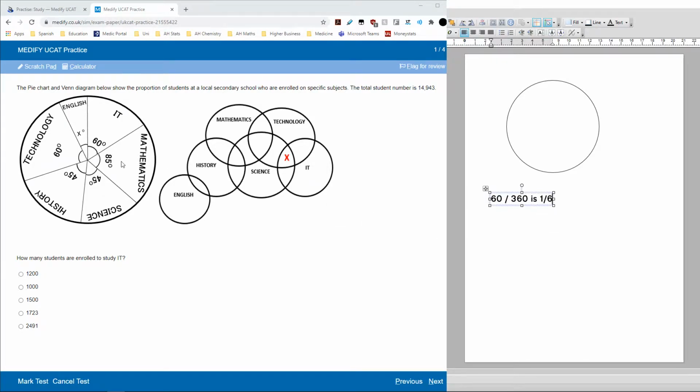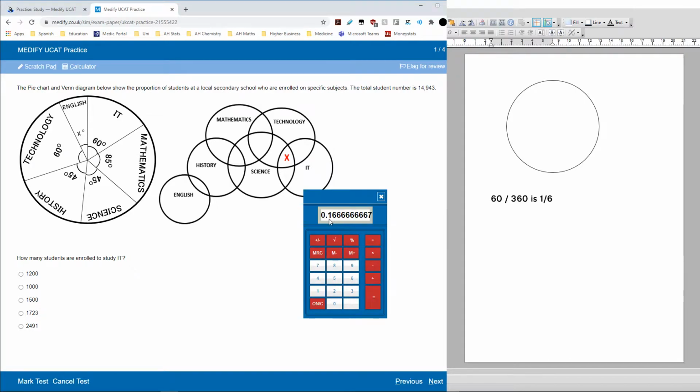Now we know that a circle just represents 14,943 students. So we times this number, which is a sixth, as we just did, by the total student number, 14,943. That would give us 2,490.5, which we'd round up to 2,491.